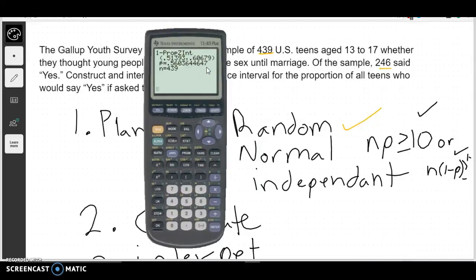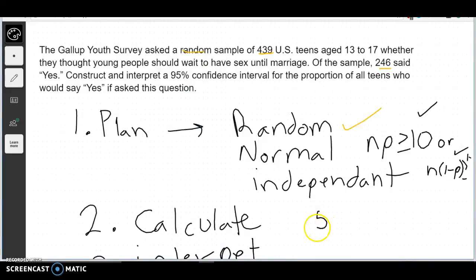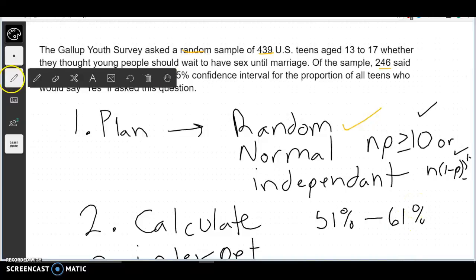So we'll just say calculate. Then our confidence interval would be between 51% and 61%. I'm fine if you round these. You don't need to be super precise. Now we'll interpret.